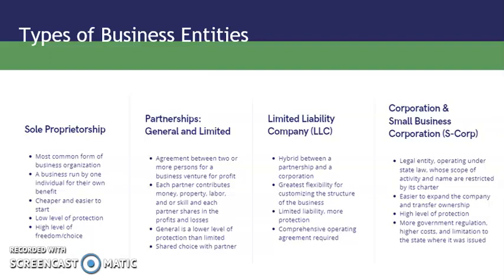Corporations and S corporations both provide a high level of protection in that personal assets cannot be seized by creditors to satisfy debts. It's easier to expand the company and transfer ownership with a corporation or S corporation. This does come with some disadvantages, including more government regulation, higher costs, and limitation to the state where it was issued, while other business entities can move as long as the SLP has the appropriate state licensures.